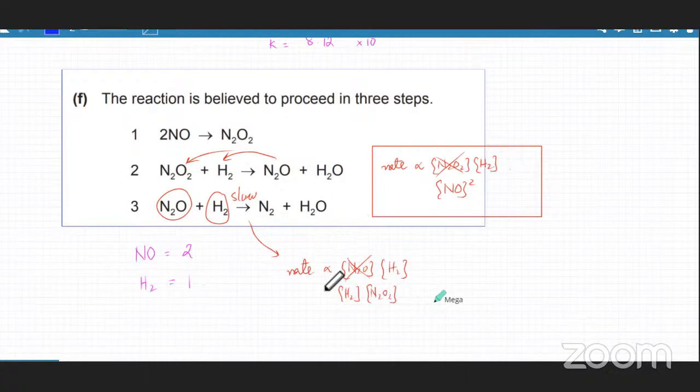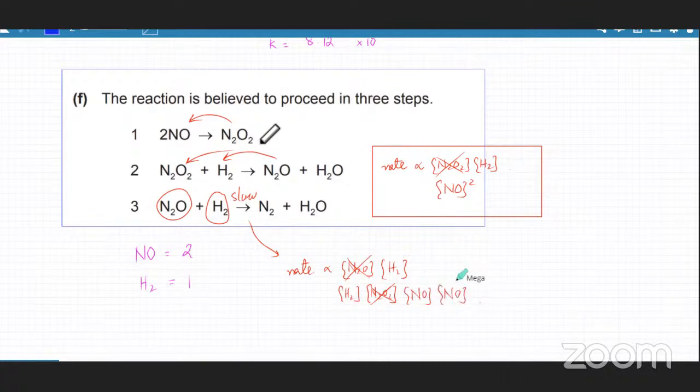But then you realize that if we say that rate is dependent on N2O2 concentration, N2O2 concentration itself is dependent on these two. So it's dependent on two NOs, the NO concentration and the NO concentration. NO concentration comes in twice.